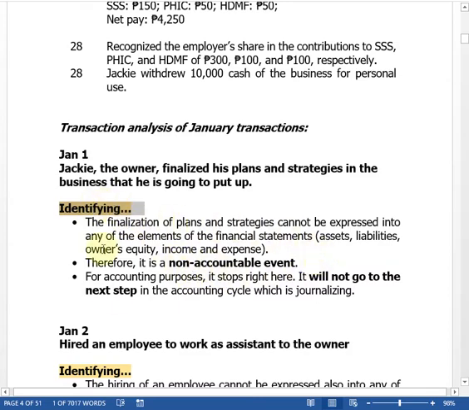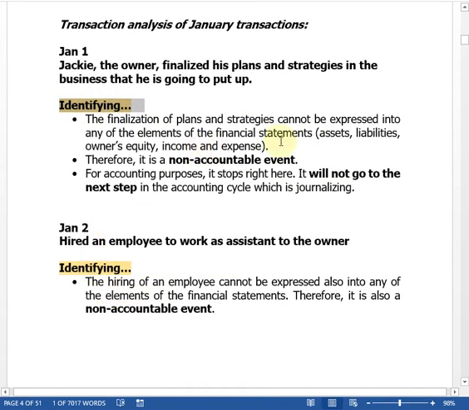So again, we have to analyze it based on these elements. Can we convert transaction number 2 into any of the assets, liabilities, owner's equity, income, and expense? If the answer to that question is yes, then it will be accountable. But if the answer is no, then like transaction number 1, it will be non-accountable.